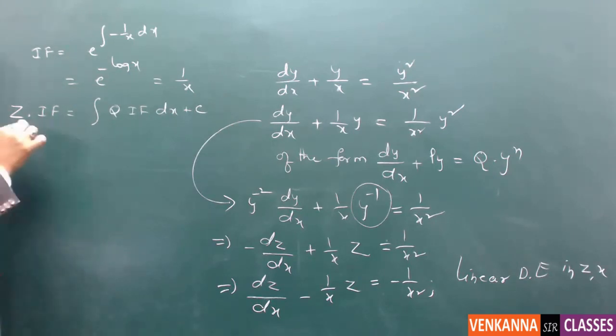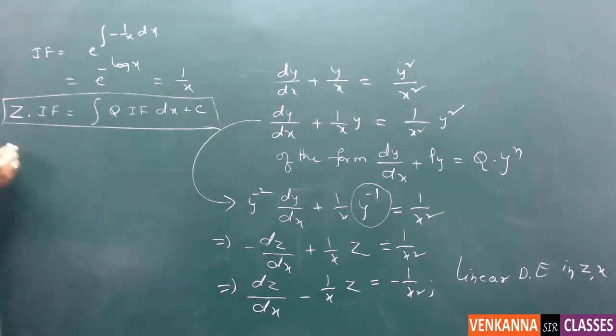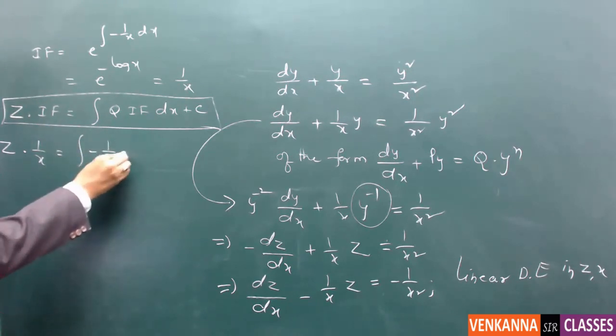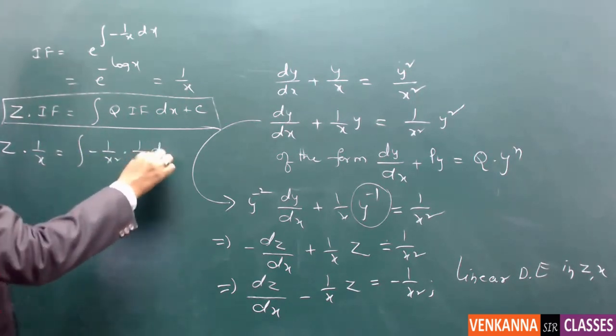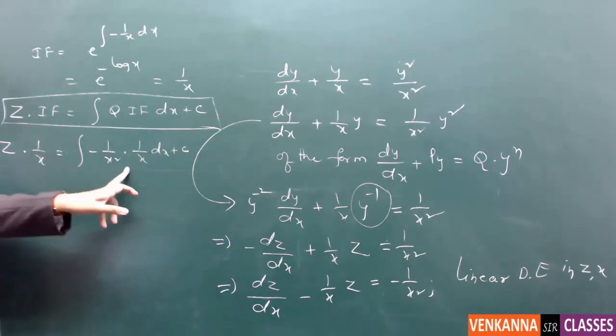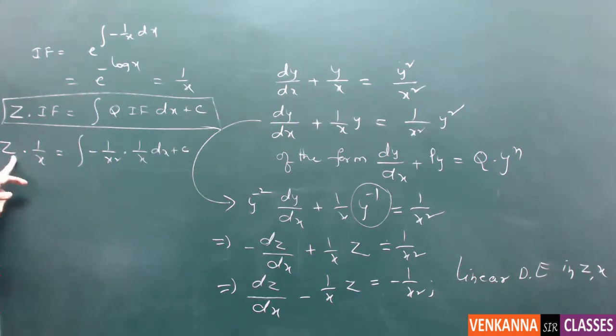This is the general solution. So z into 1 by x equals integral minus 1 by x square into 1 by x dx plus c. I think you are able to solve this integration, and in place of z, you are substituting what z is. z is nothing but 1 by y. So 1 by xy is equal to something is our required solution. Fine.